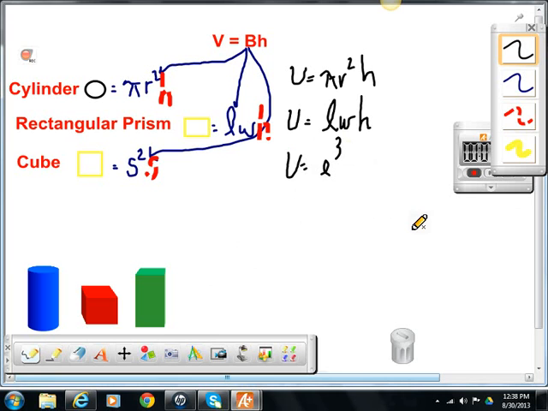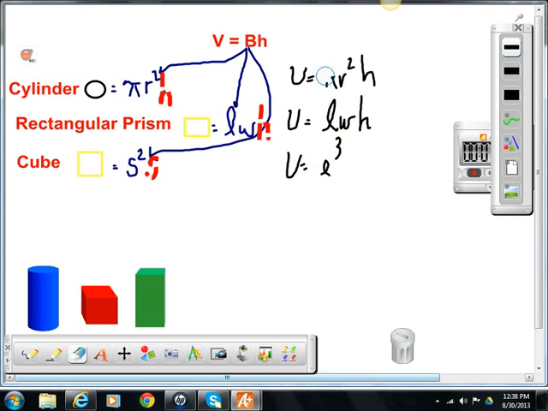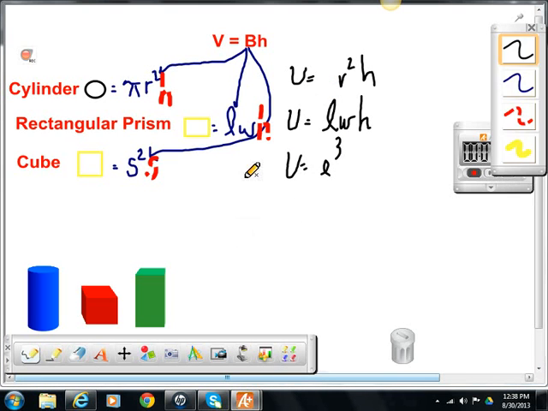Now, what I could have done is simply given you the formulas and asked you to use them. But to me, it's more fun to understand where this stuff is coming from. Why is it pi r squared? Why is it length times width? Why is it e to the third?